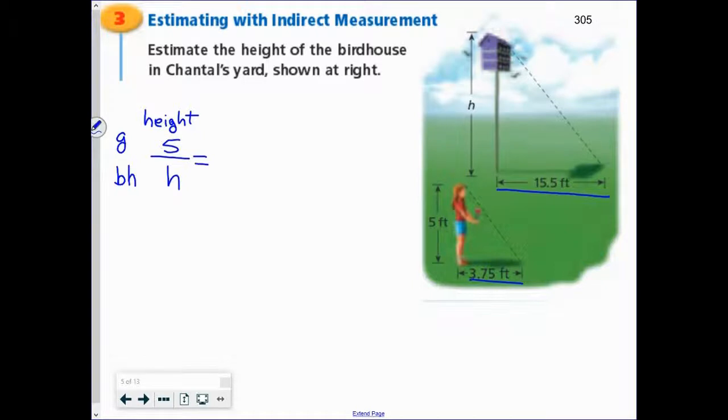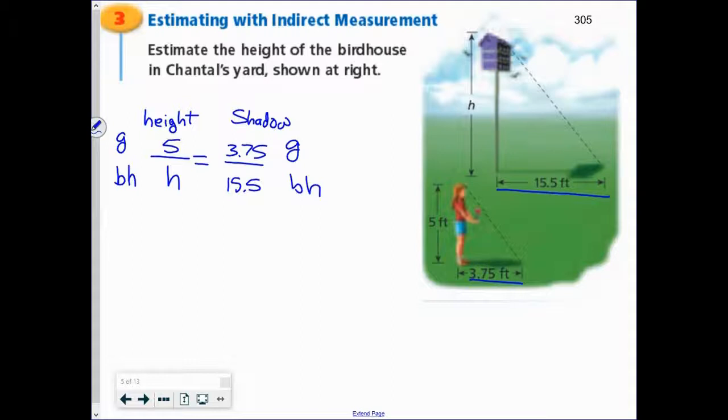And then I want to put the shadow of the girl, because the girl's got to go on top, which is 3.75, over the shadow of the birdhouse, which is 15.5. So remember, when you write proportions, same things on top, same things on the bottom. Situation 1 on the left, situation 2 on the right. Well, in this case, the situation is the height or the shadow.